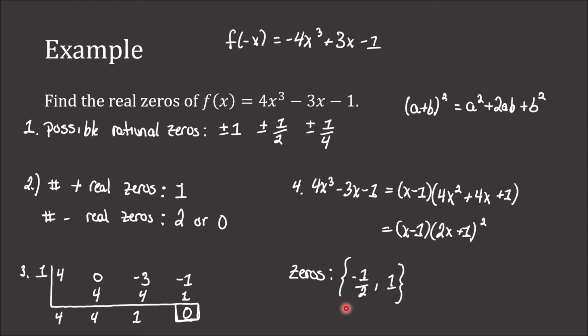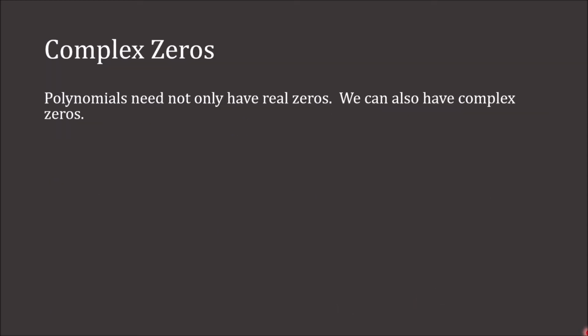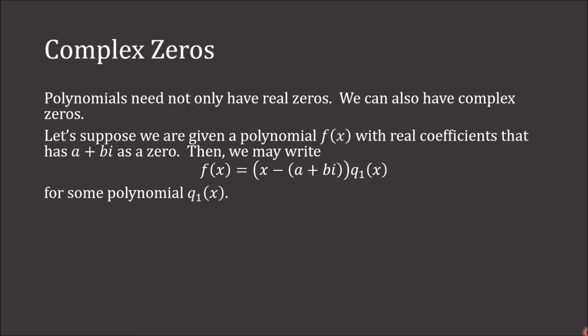Now, a polynomial need not only have real zeros, it can also have complex zeros. So let's suppose that we are given a polynomial f of x with real coefficients that has a plus bi as a 0.